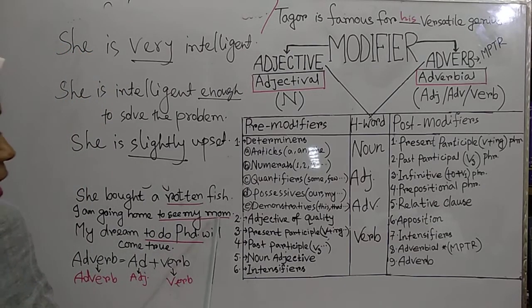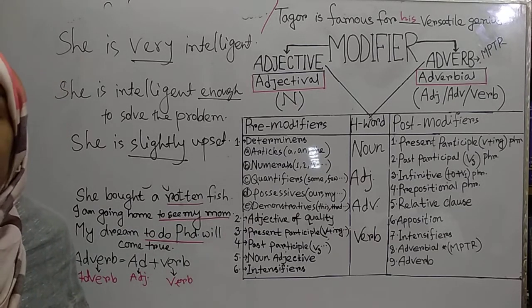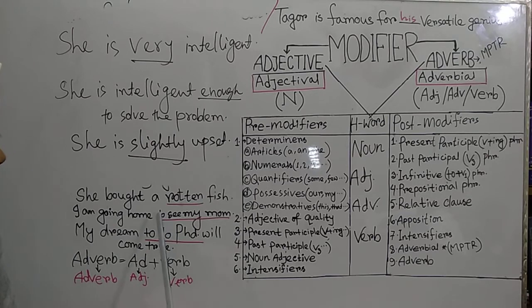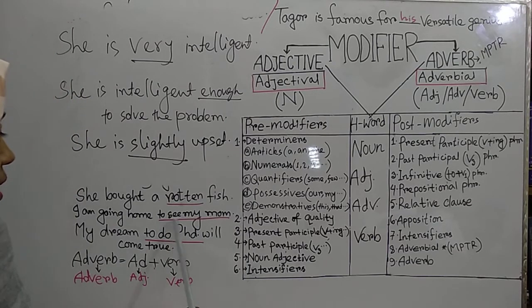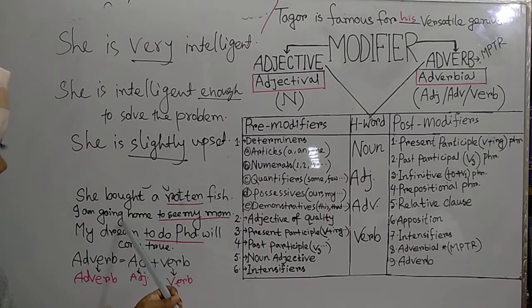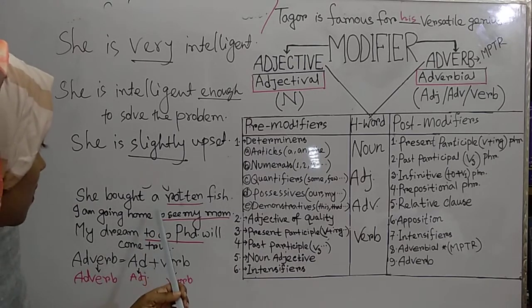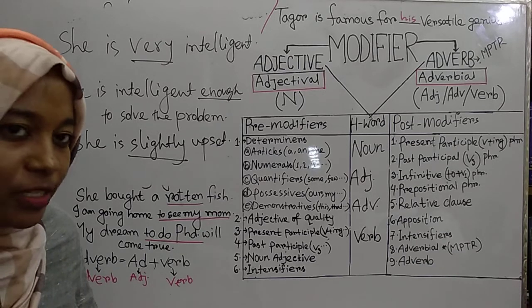Here, to see my mom is an infinitive phrase, but here it does the function of an adverb, so it is an adverb modifier. And as to see my mom is the answer to the question why, it is an adverbial here.